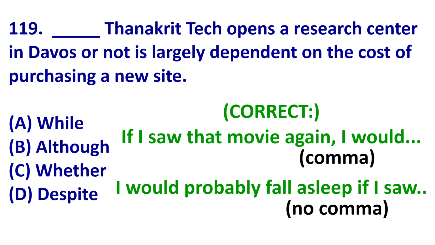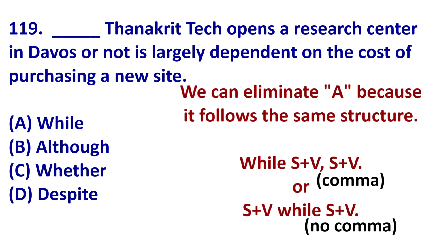However, if comes second, I do not. For example, I would probably fall asleep if I saw that movie again. While follows the formula. While I was watching the movie, comma, I fell asleep. Here, we do not have a comma, so we can eliminate while.